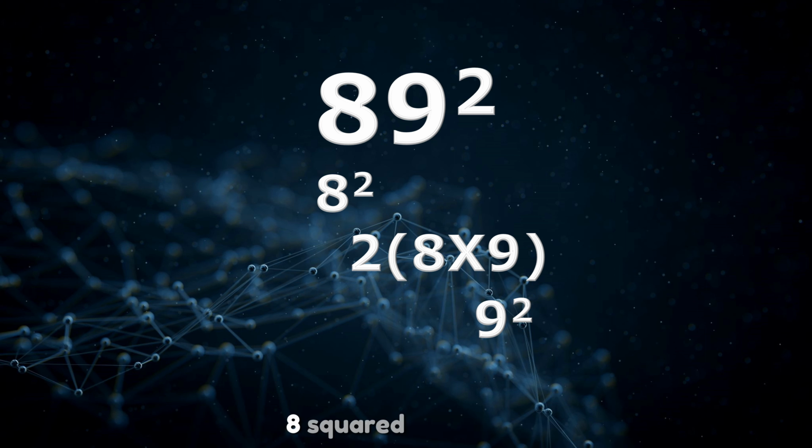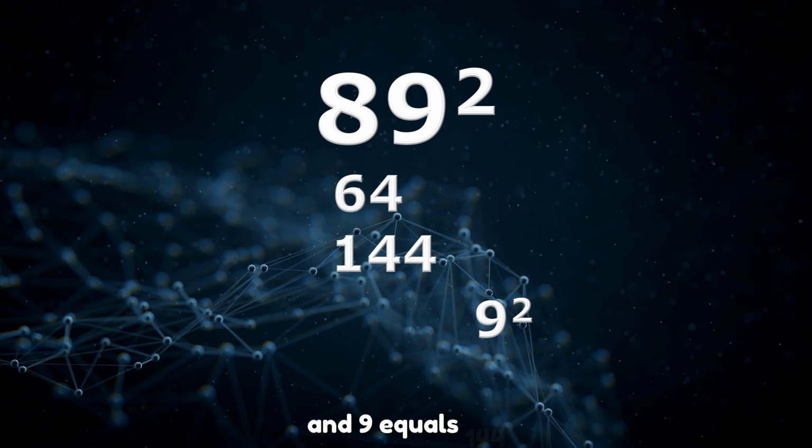8 squared equals 64. 2 times the product of 8 and 9 equals 144. Since 144 is a three-digit number, we add the first 2 digits to the preceding 2 positions. 9 squared equals 81.